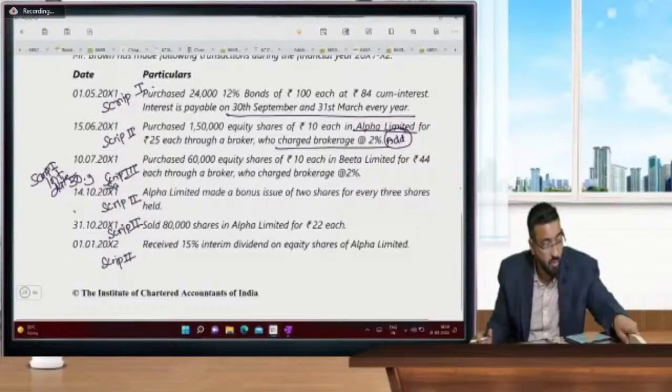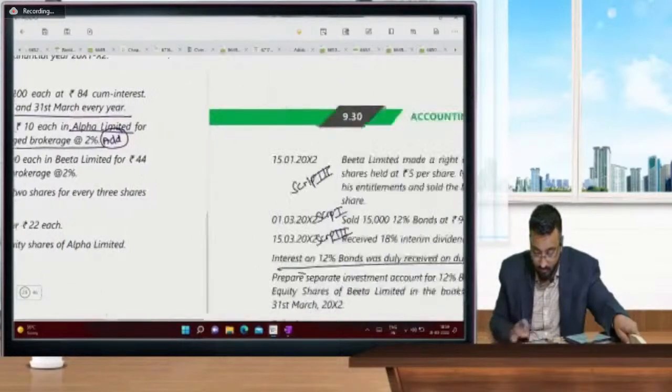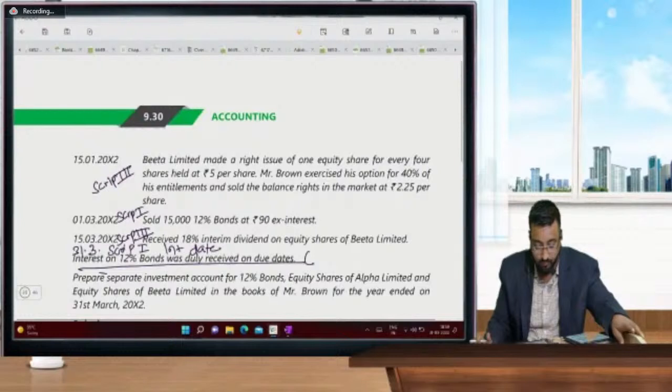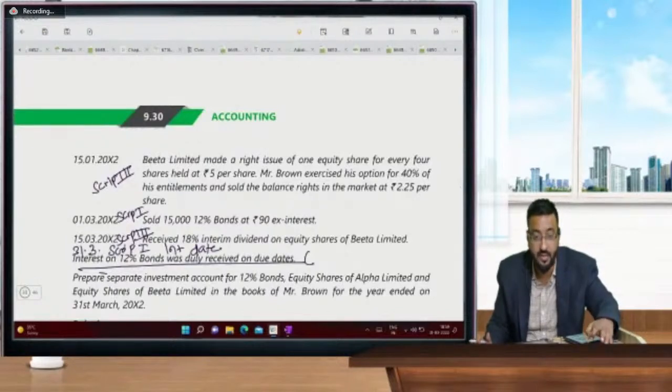Interest date is for bonds. And 31st March. So after 15th March, you can write script 1 interest date. Write it, beta. 31st March, script 1 interest date. Over.